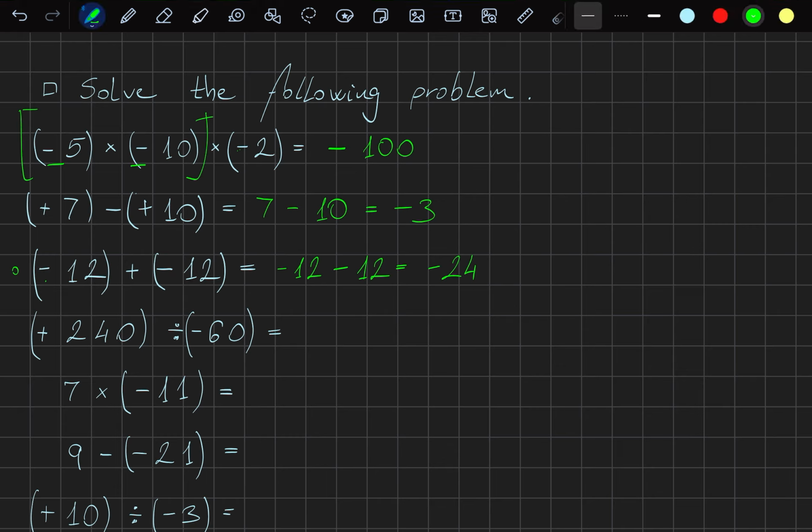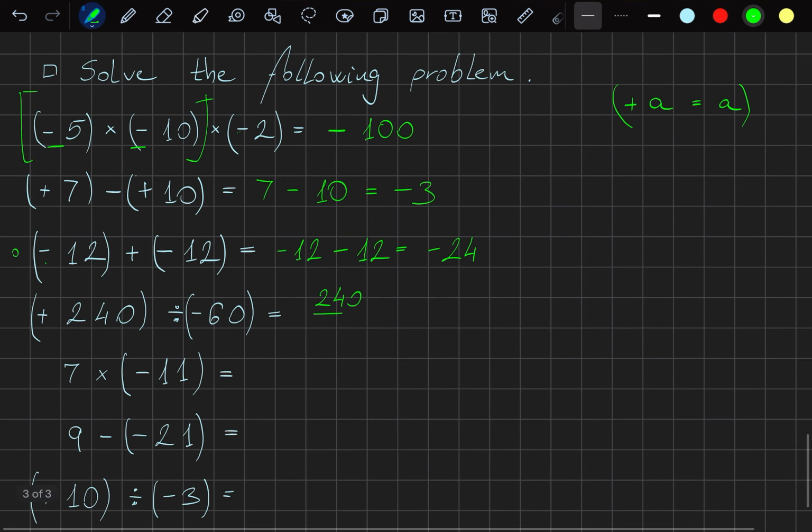Next one, plus 240 divided by minus 60. I will write this as a fraction. We don't need the plus sign here, because plus a is equal to a, we know this.